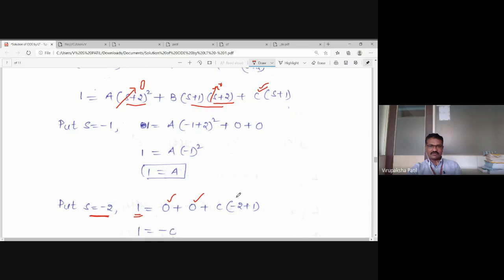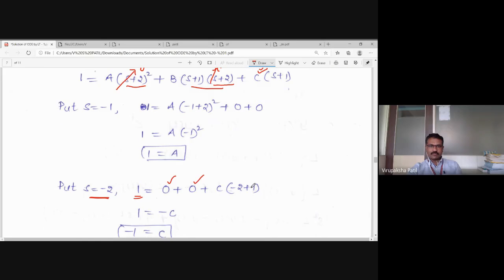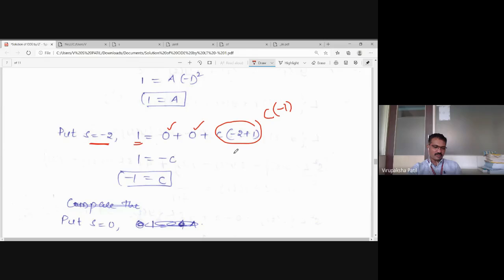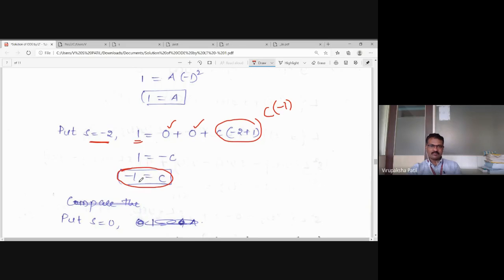So then this is c into minus 2 plus 1, which is c into minus 1, so 1 is equal to minus c. We don't want minus c, we want c. The c value will be minus 1.